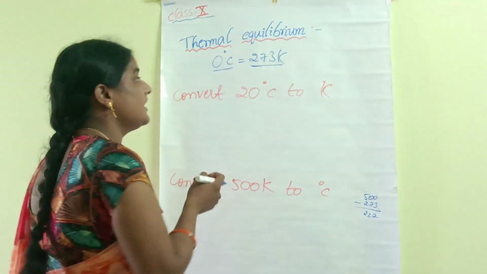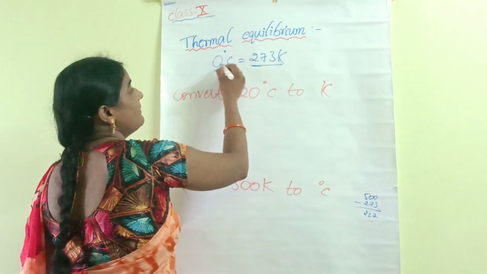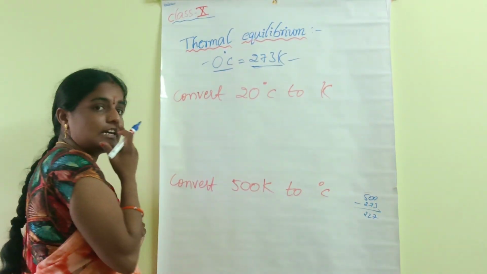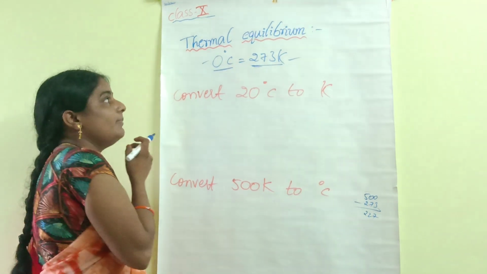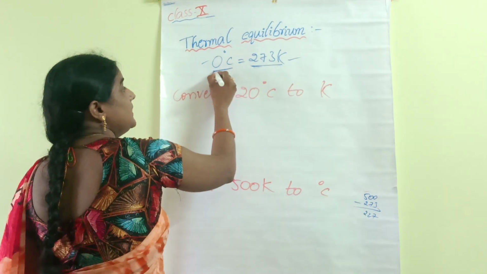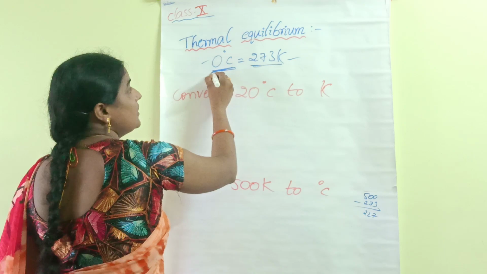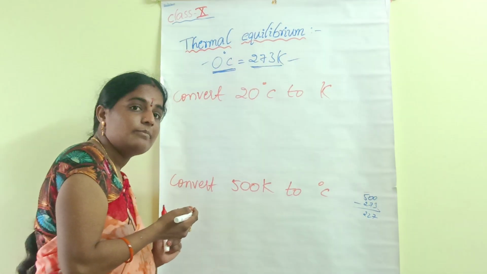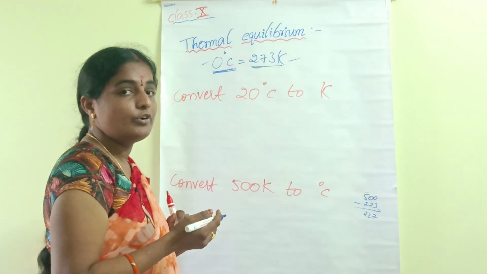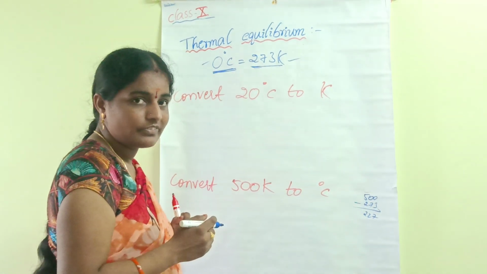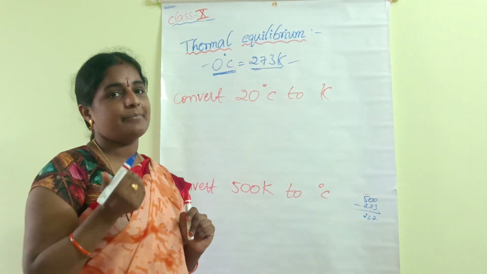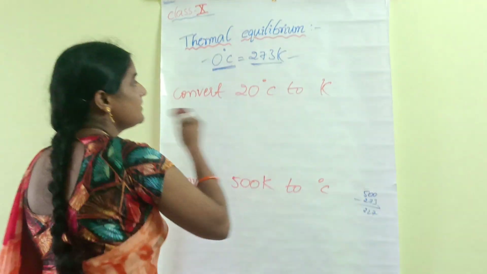In the same way here also, the Celsius scale and the Kelvin scale start their values differently. So 0 degrees Celsius is equal to 273 Kelvin. And as I told you before, 1 calorie is equal to 4.186 joule, like 1 kilogram is equal to 1000 grams.